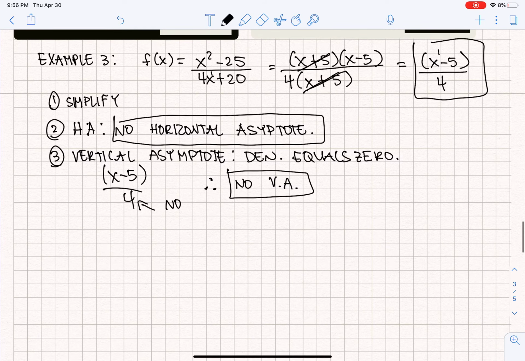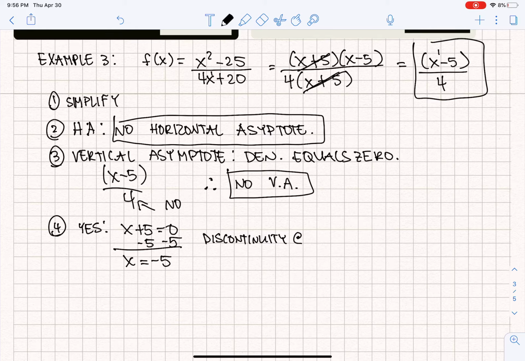Same thing. All right, so number 4, did we cancel anything out? Yes, we did. What did we cancel out? We canceled out the x plus 5. Let's set it equal to 0. So here we have a discontinuity at x equals -5. And to find where it is, the ordered pair, I'm going to plug it into the simplified function.